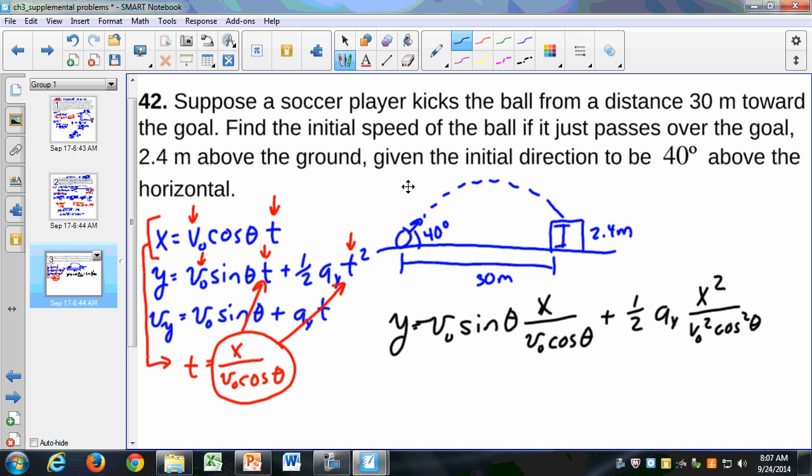And now I want to get V naught here. I can make some simplifications here. My V naught here cancels out, which makes it a lot easier to solve for V naught by losing that term. I think that's it.